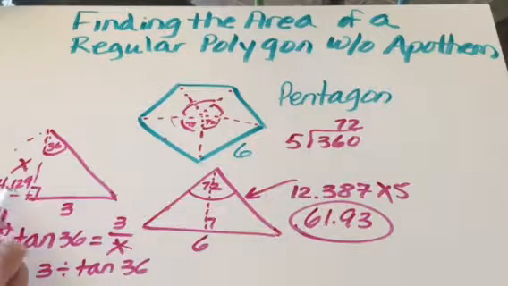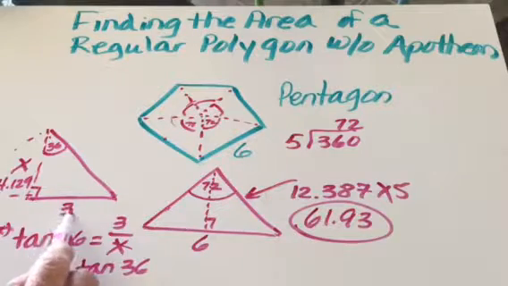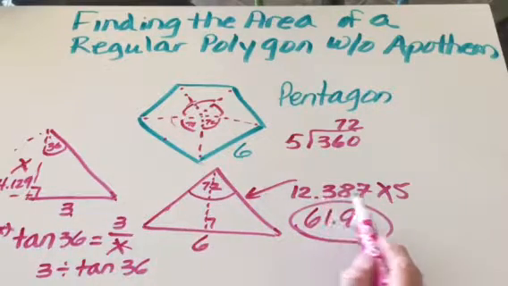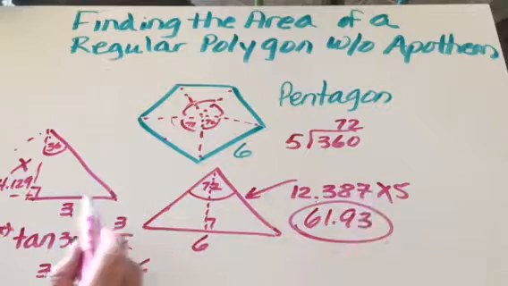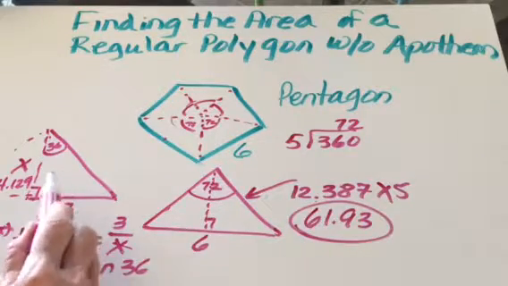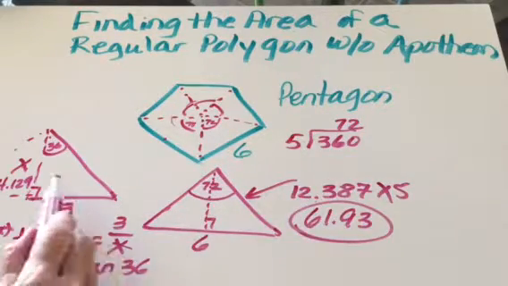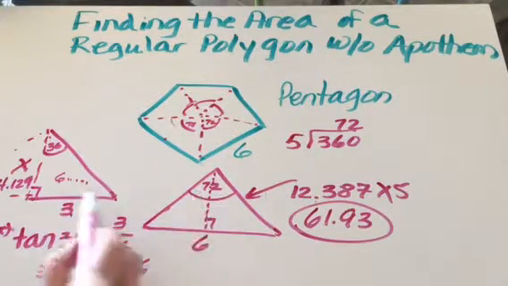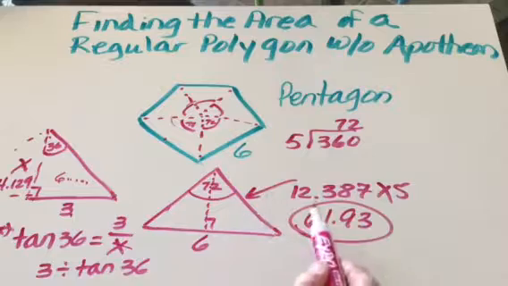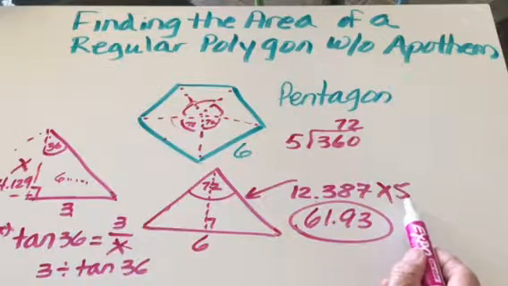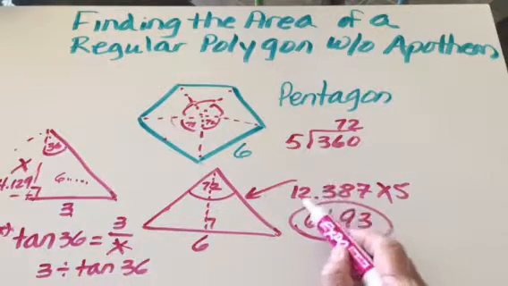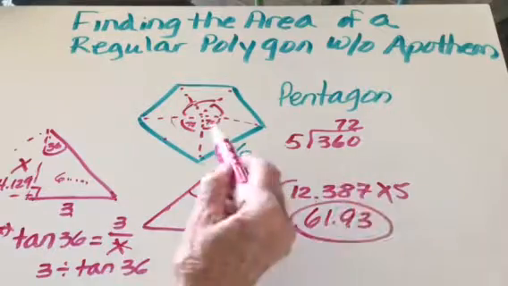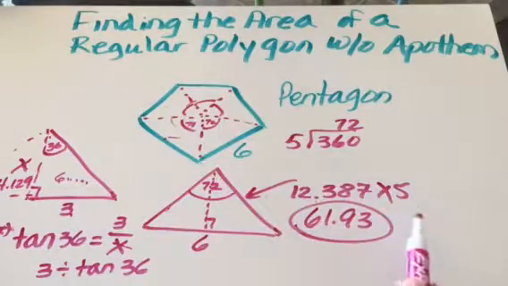Now I take the 4 point whatever times 3 is 12 point something. And frankly, you could have divided this in half, and the area of this little guy would be 6 point something, and the area of the other triangle is 6 point something. But you add them together in any case, and you get 12.387. You have 5 triangles, times 5, and you get 61.93.